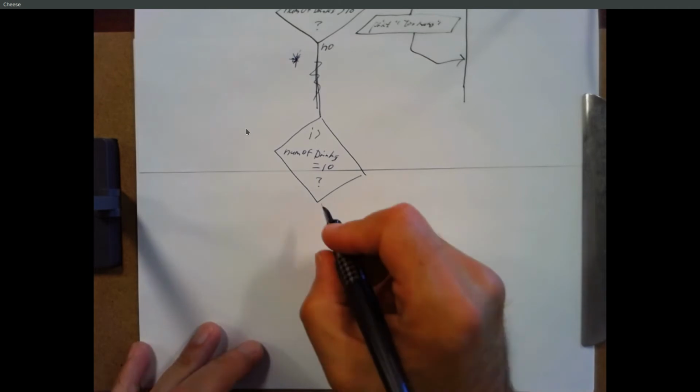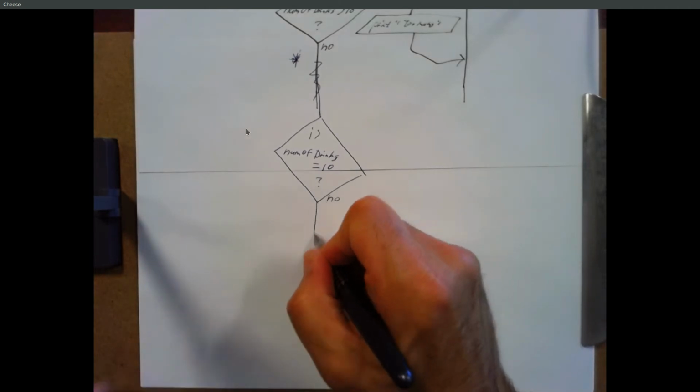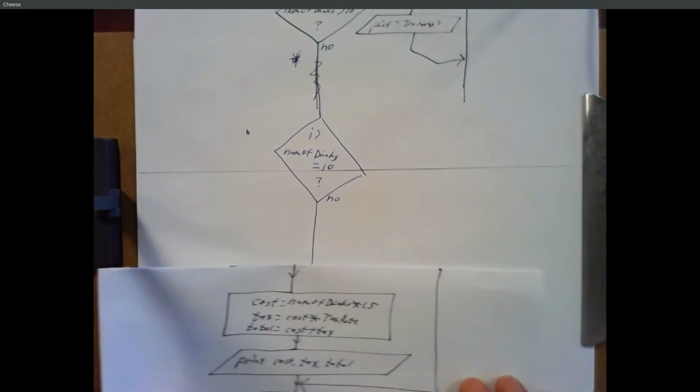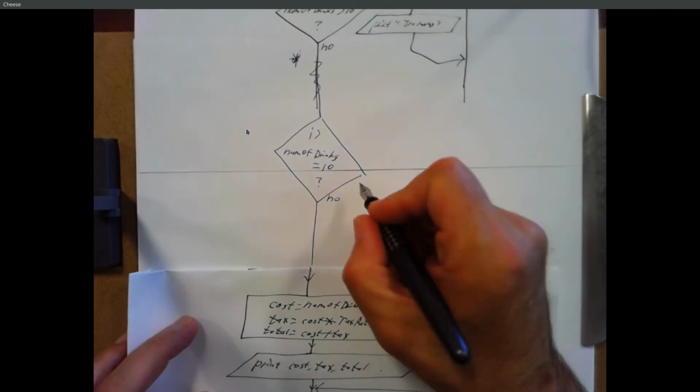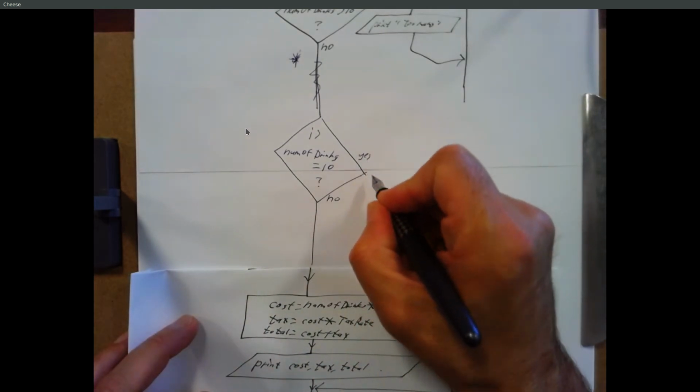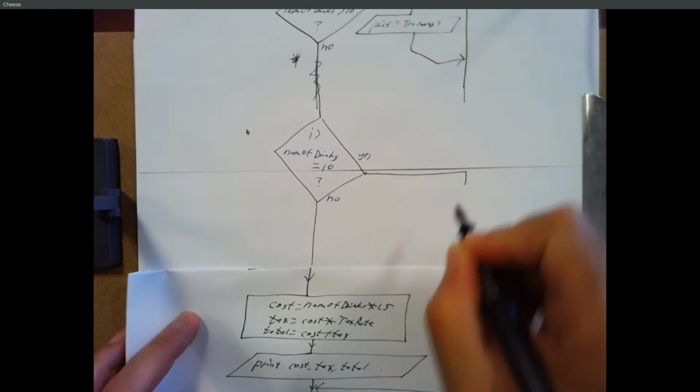Okay, so if the number of drinks is 10, well, if not, then, you know, we're just going to go right on down to where we were and do what we did before. But what could we do if the number of drinks is 10?